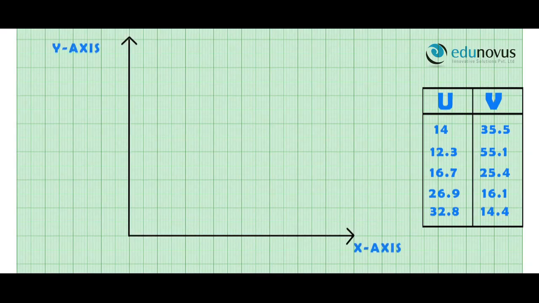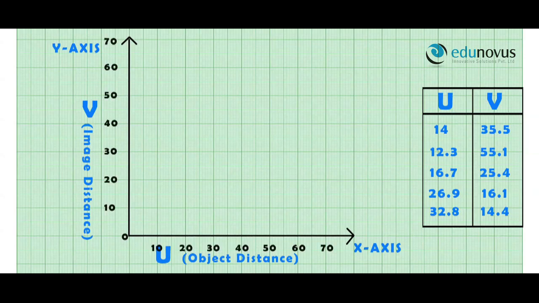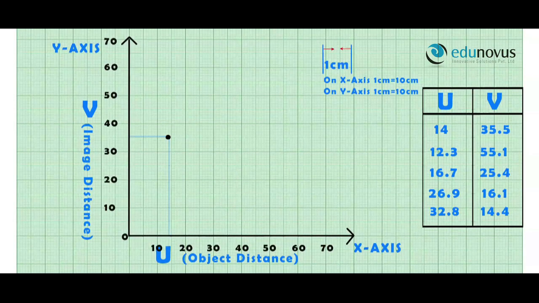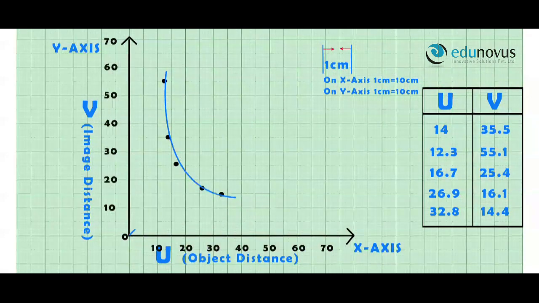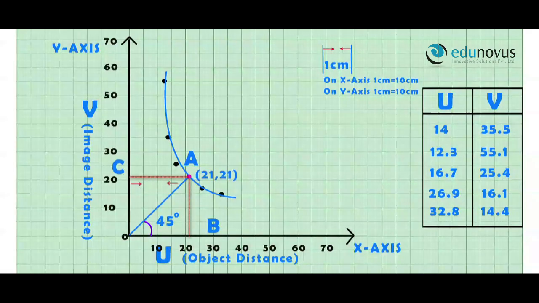Now, we plot a UV graph by considering the value of u on the x-axis and the value of v on the y-axis. The graph comes out to be a rectangular hyperbola. A line drawn at an angle of 45 degrees to both x and y axes meets the rectangular hyperbola at A. AC and AB are perpendiculars drawn onto both axes.